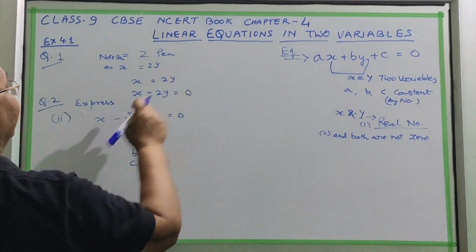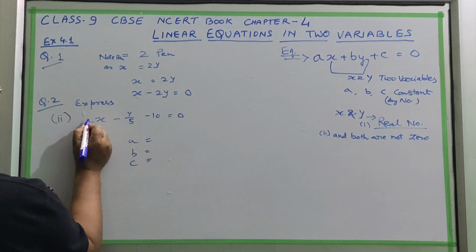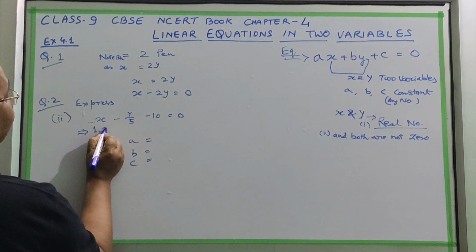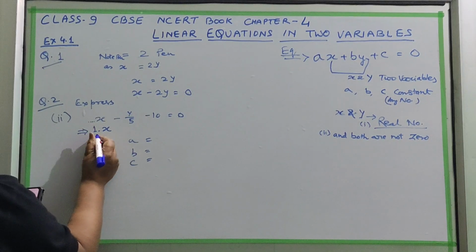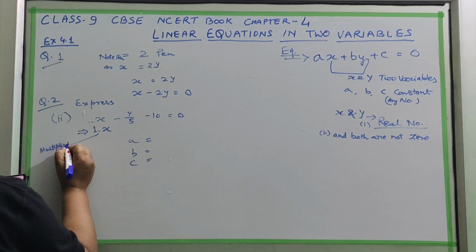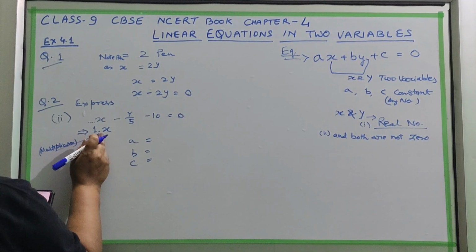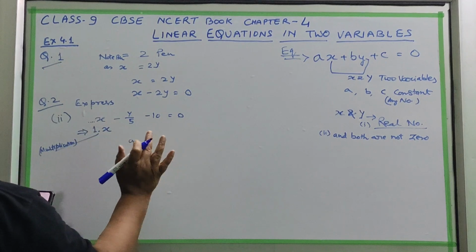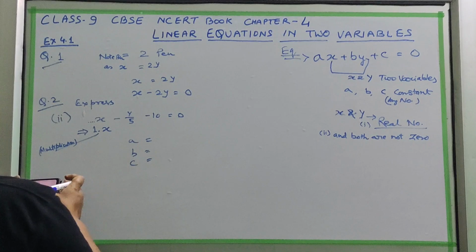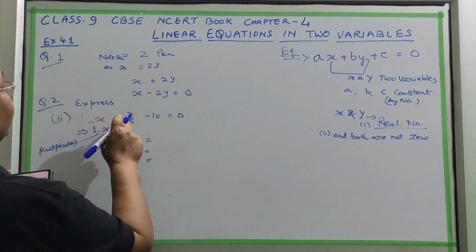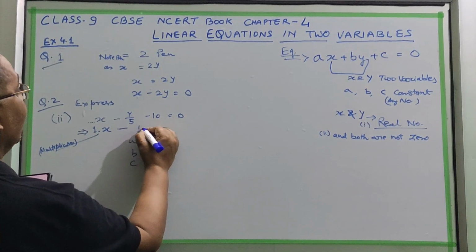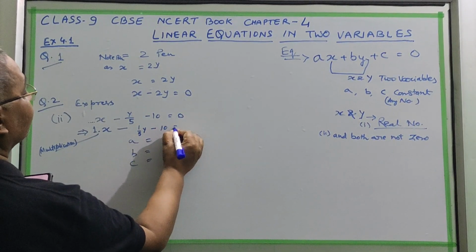So here ax, a is not there. So what we will presume? We will presume it as 1 multiplied by x. One point is this sign is for multiplication; this sign is also used in algebra. So 1 into x, so that x value will not change. So a's value will be 1, and y upon 5 you can write as 1 upon 5 y, and minus 10 equal to 0.